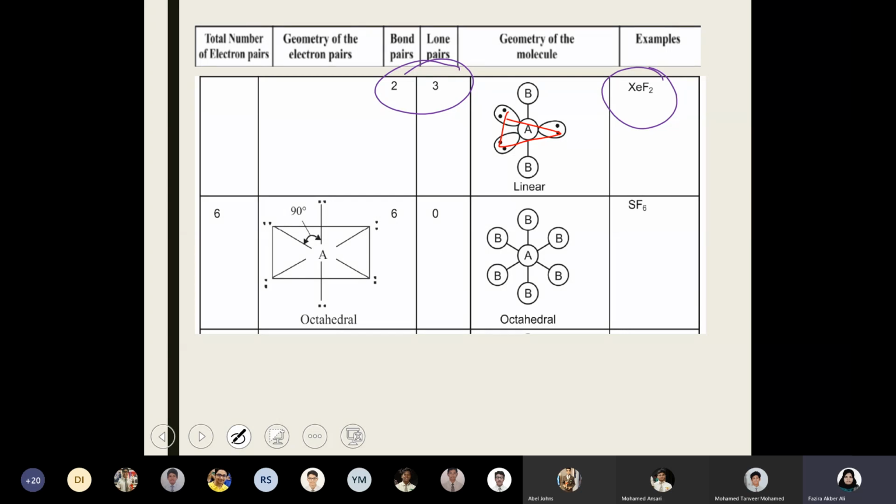After orienting the lone pairs, you look into the bond pairs, especially in trigonal bipyramidal, because that is the only case where you get two different bond angles. In all the other examples, all the bond angles in a geometry were the same, so you don't have to worry about which lines to remove for lone pairs. Only in trigonal bipyramidal do you have two different bond angles in the same geometry: in the trigonal plane it is 120, and above and below the plane it is 90.